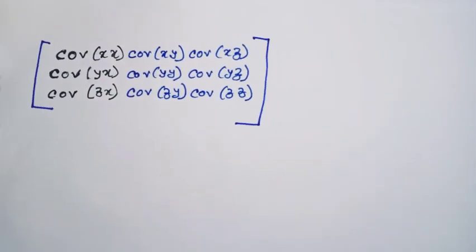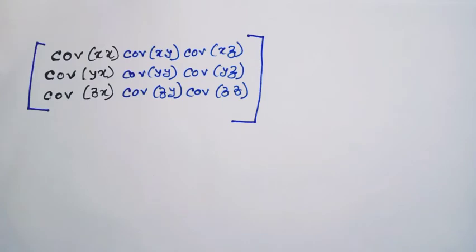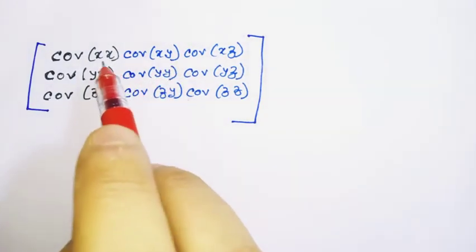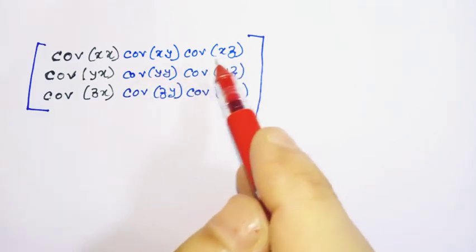Now let us see how the covariance matrix will look if we go into 3 dimensions. Here I have taken 3 variables, so it is 3-dimensional: x, y and z.